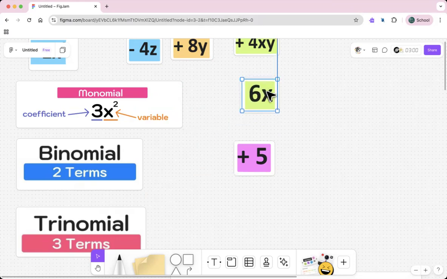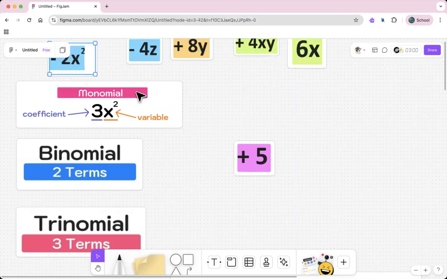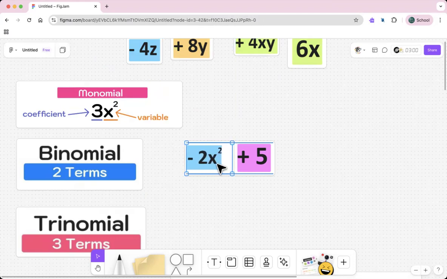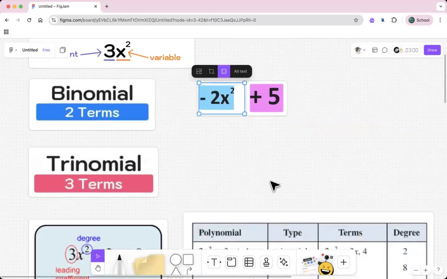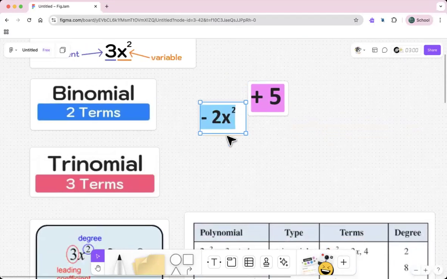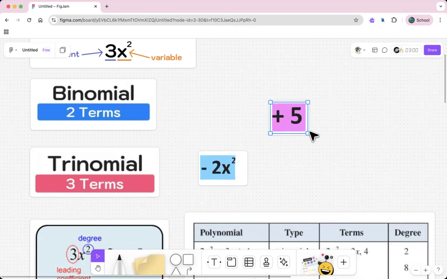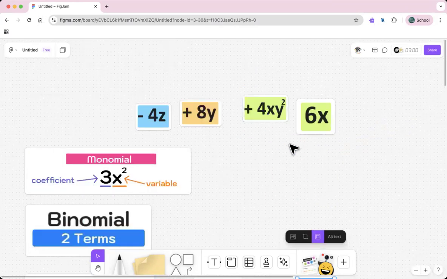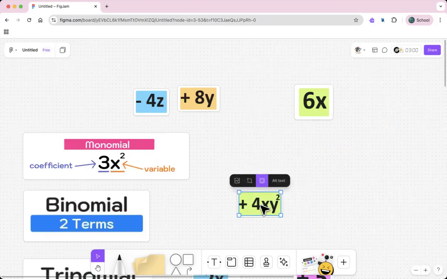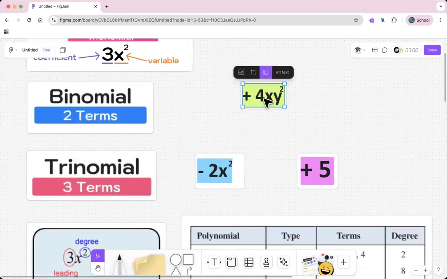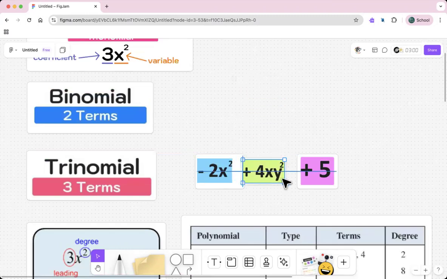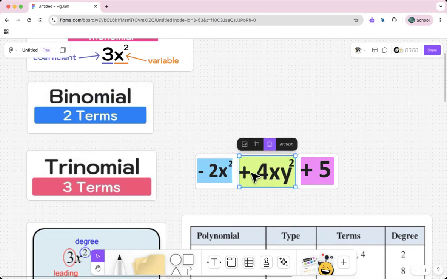And finally, I could maybe bring my x squared down. So negative 2x squared plus 5x. That would also be an example of a binomial. A trinomial consists of three terms. So if I took my negative 2x squared, my positive 5, and then brought down a third term, oops, the positive 4xy squared, together, you can see that these three terms are separated by this addition sign and this addition sign right here.